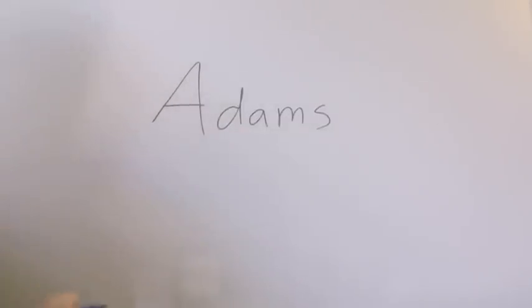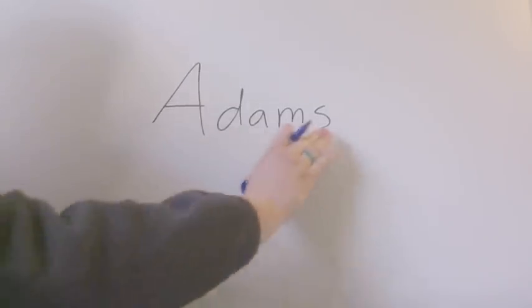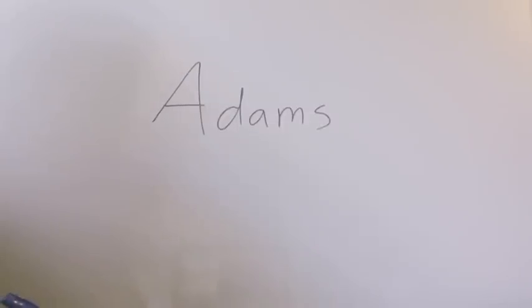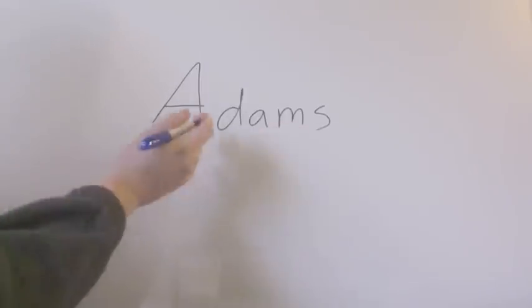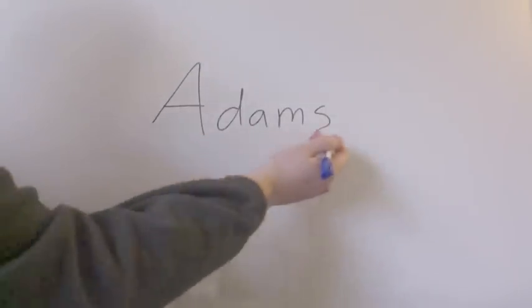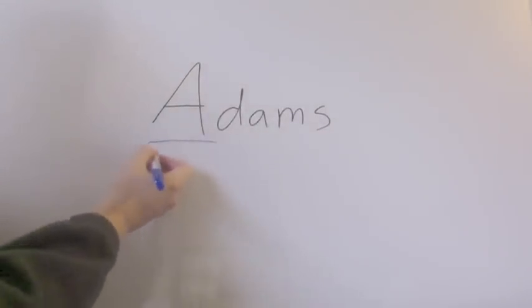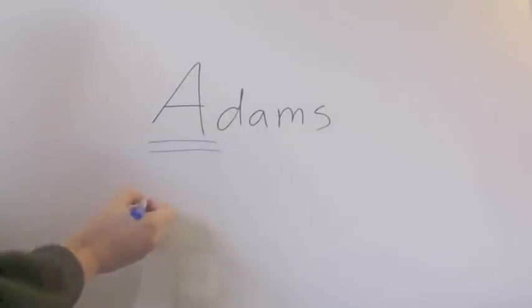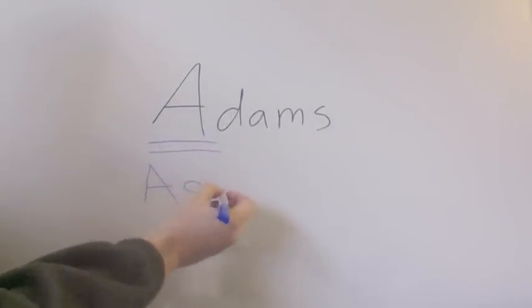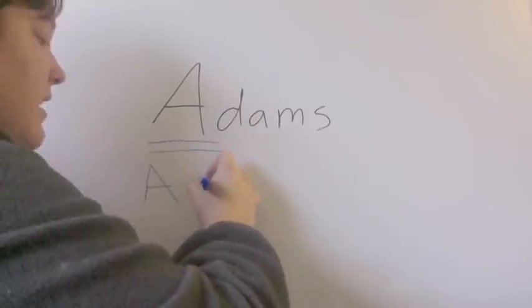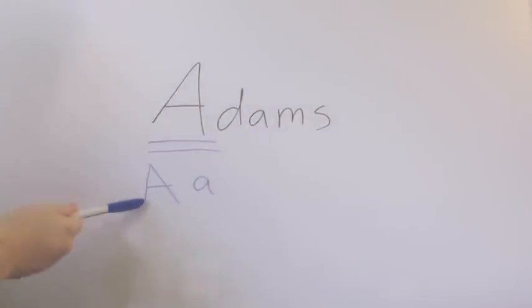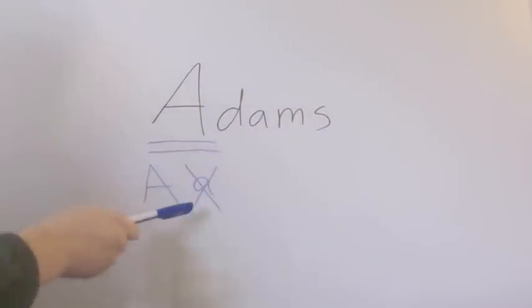Adams. This is the name, or part of the name, of one of the presidents of the United States. So when this word gets read out loud to you, you will most likely hear President Adams. When you write this word, Adams, you'll want to remember that it is a name, which means that the first letter should be capitalized as a big A, not a little a.